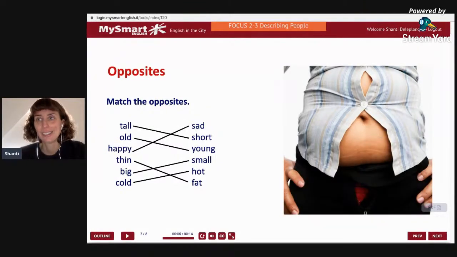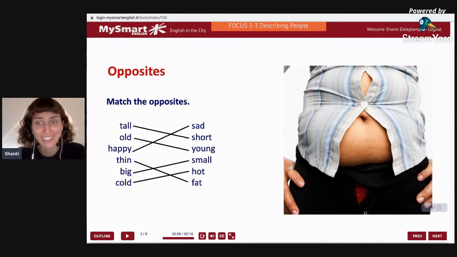This is not a very good picture. I think there's a problem with the clothes. Hi, Teresa, welcome. So, is this a man or a woman?